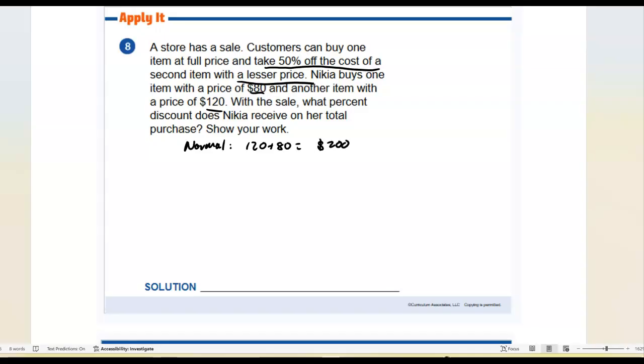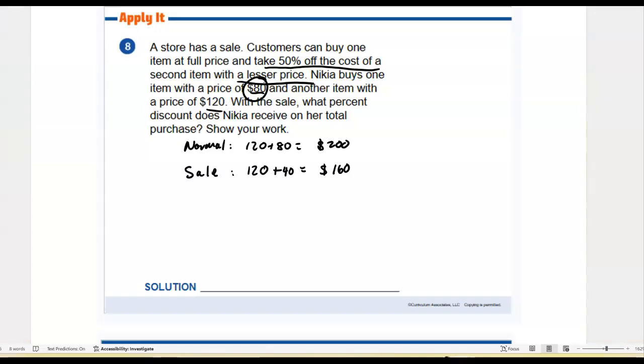But now, going with the store, she can buy 2 items, and the one with the lesser price, so the $80 one, she can take 50% off. So the sale is now $120 plus not 80, but 50%, or half of 80, which is 40, which equals $160. And so now to figure out what percent discount she received, let's divide.